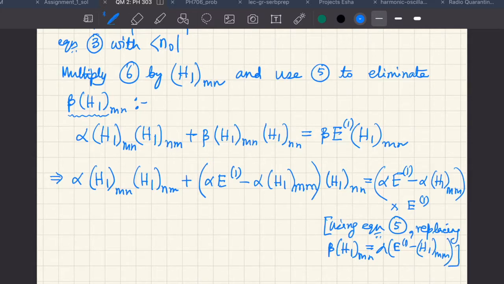So now this can be written in an even more simplified form. We can take alpha common from all these terms.